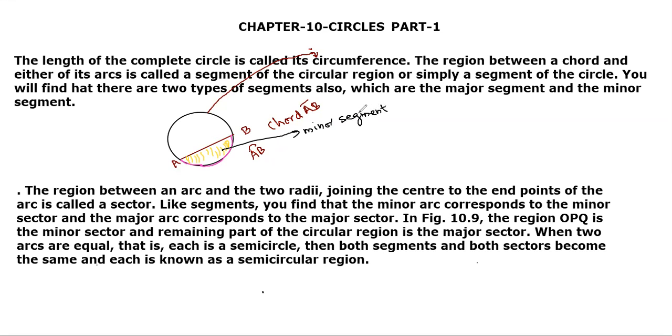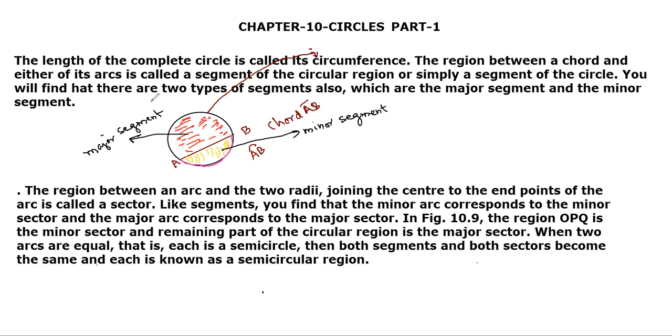Between chord and arc. The other region, the above one, is the bigger region, so it is called the major segment. This is called the minor segment and the above one is called the major segment.